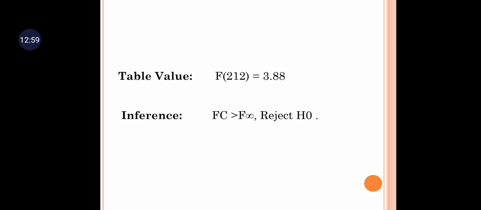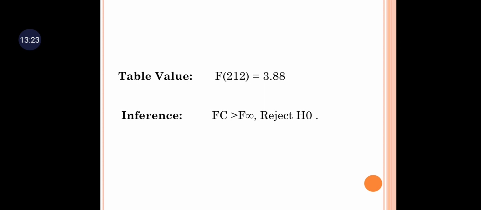So the inference: F calculated value is greater than the F table value. We take the table value at the 5% level of significance, that is 0.05, which is 3.88.